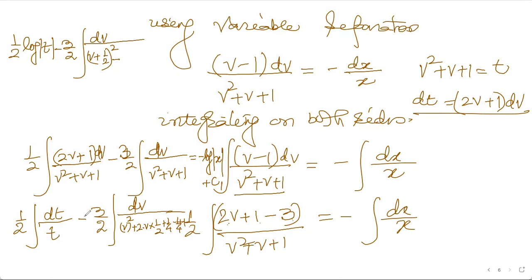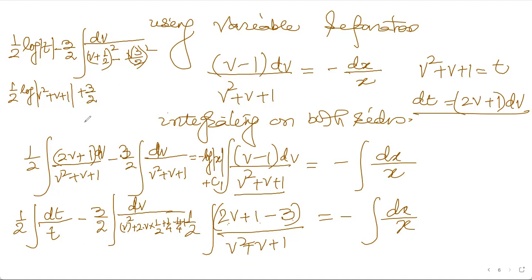So that is going to be 1 by 2 plus 1 by 4, which is 3 by 4, that is root 3 by 2 whole square. And this is taking the formula x square minus a square. So this gives 1 by 2 log of t, I have supposed v square plus v plus 1, plus 3 by 2.